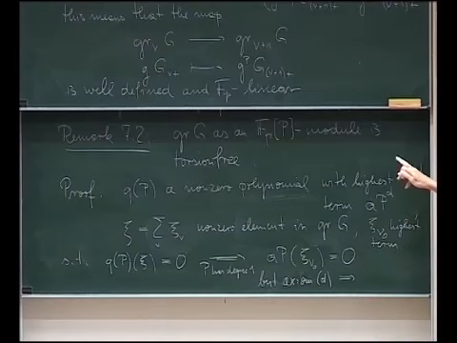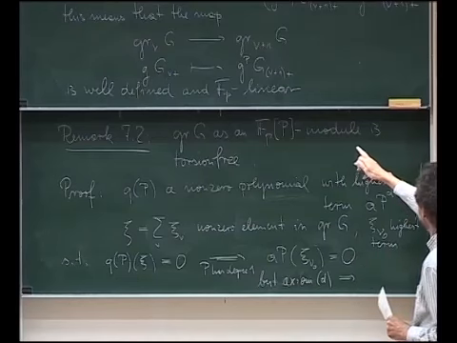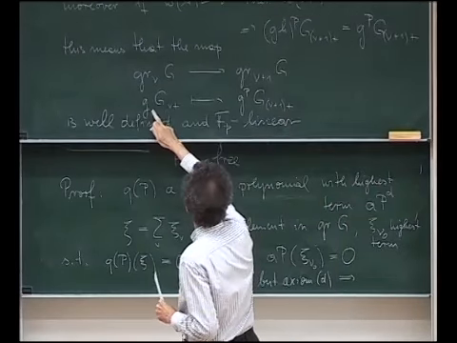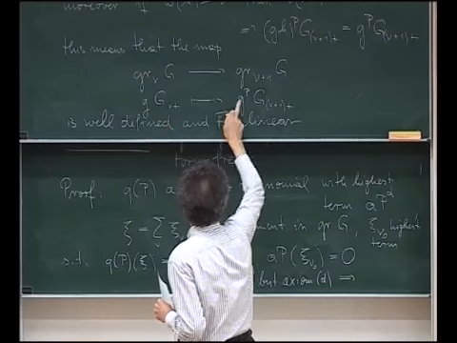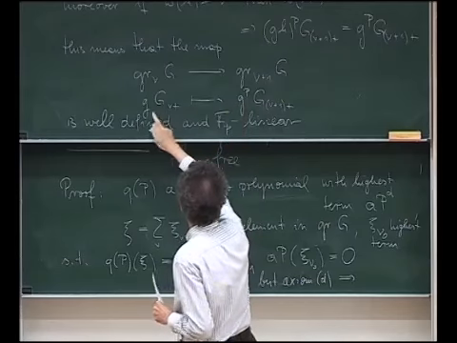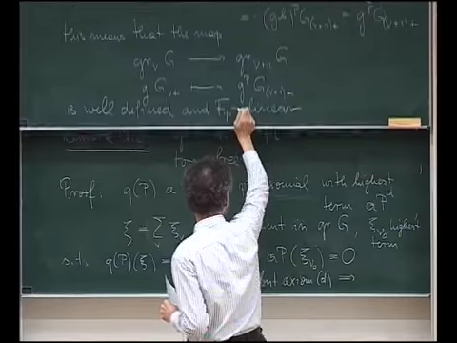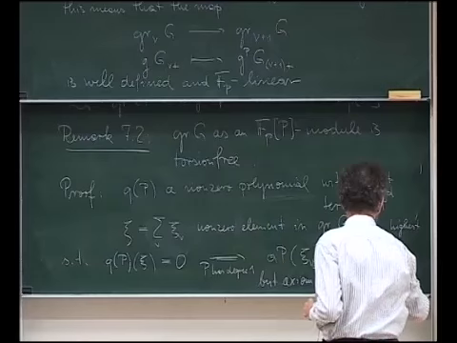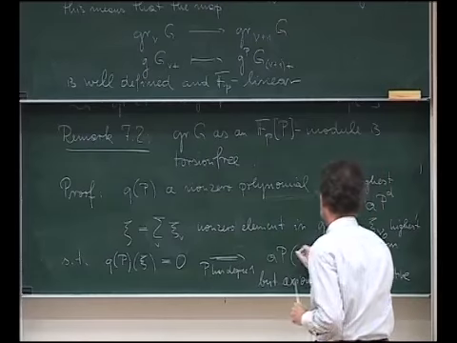But axiom D implies, I mean, we know a little bit more. We know that the p-valuation of g to the p's power goes up exactly 1.